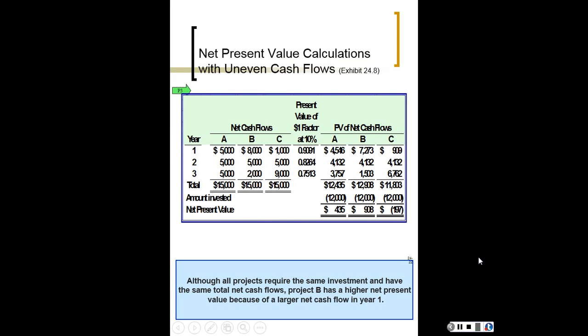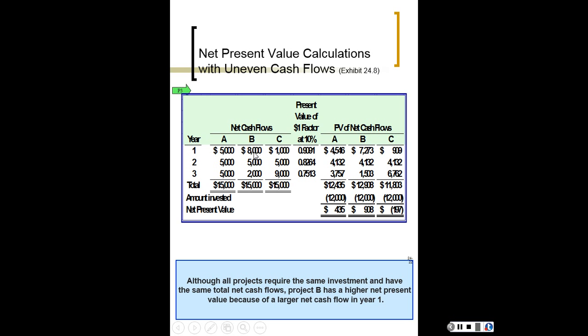Now, let's quickly look at net present value calculations with uneven cash flows. So we have here year 1, 2, and 3, and we have net cash flows for Project A, Project B, and Project C. Project A shows we receive the same amount of net cash flows, and remember net cash flows is simply cash inflows minus cash outflows, the same amount every year.